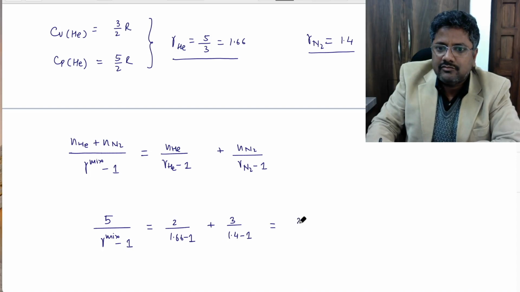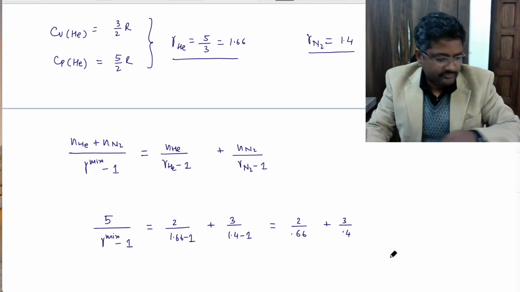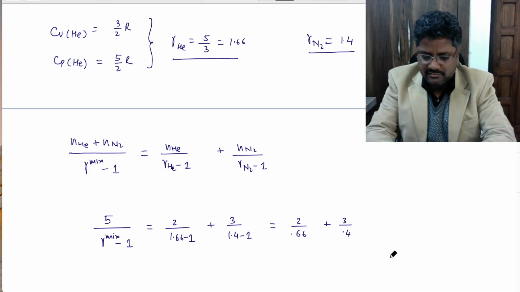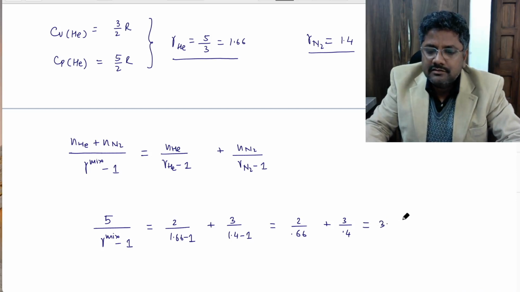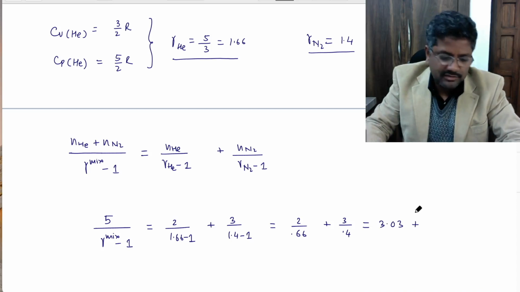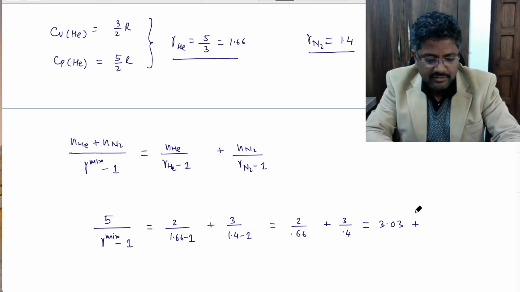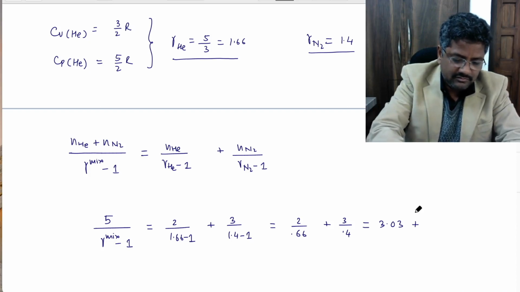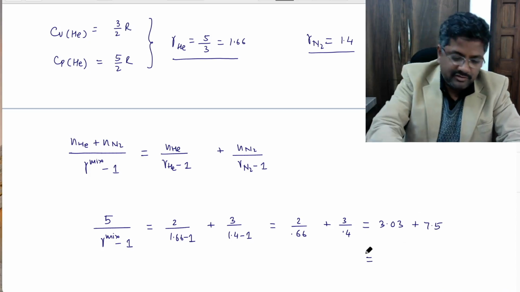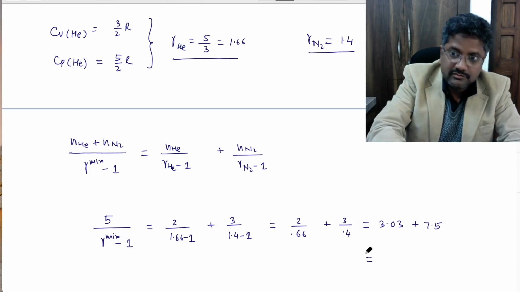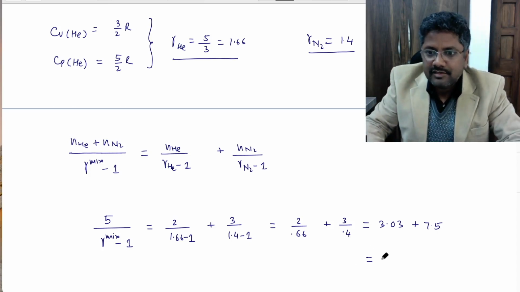So this is equal to 2 by 0.66 plus 3 by 0.4. 2 by 0.66 is equal to 3.03, plus 3 divided by 0.4, which is 7.5. So 7.5 plus 3.03 is 10.53.